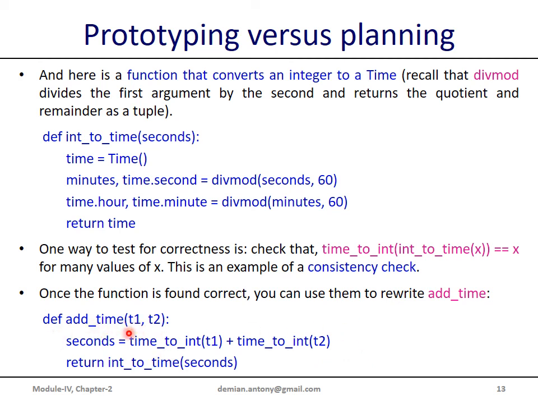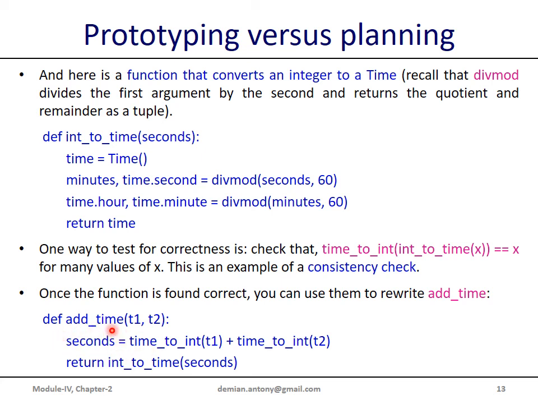Here is the first line where we convert the first time object to an integer, and then we convert the second time object into an integer, and the seconds representing these t1 and t2 are added and assigned to a variable seconds.